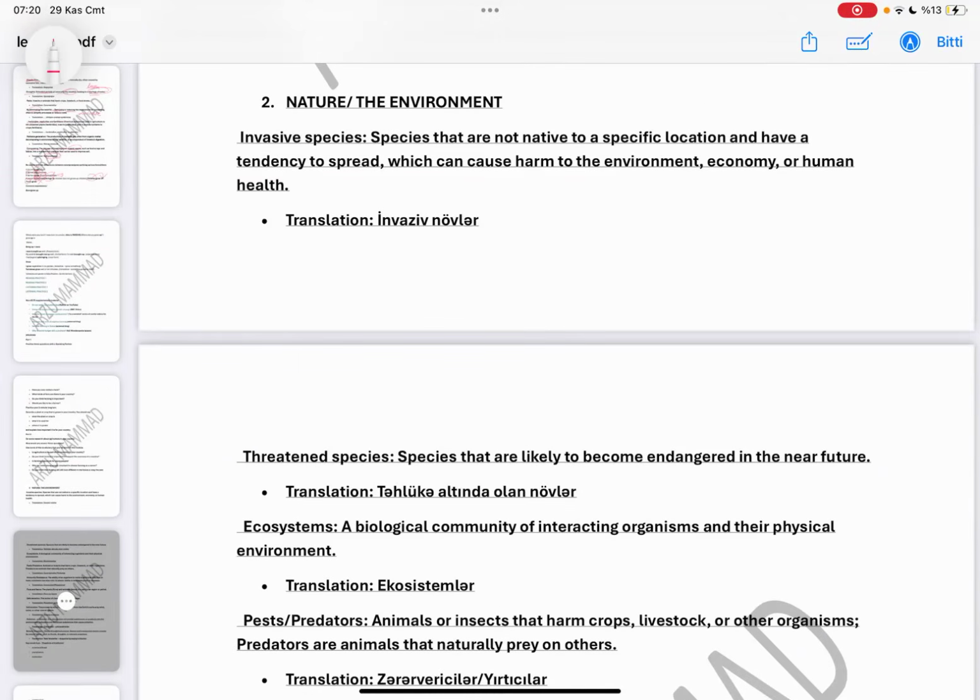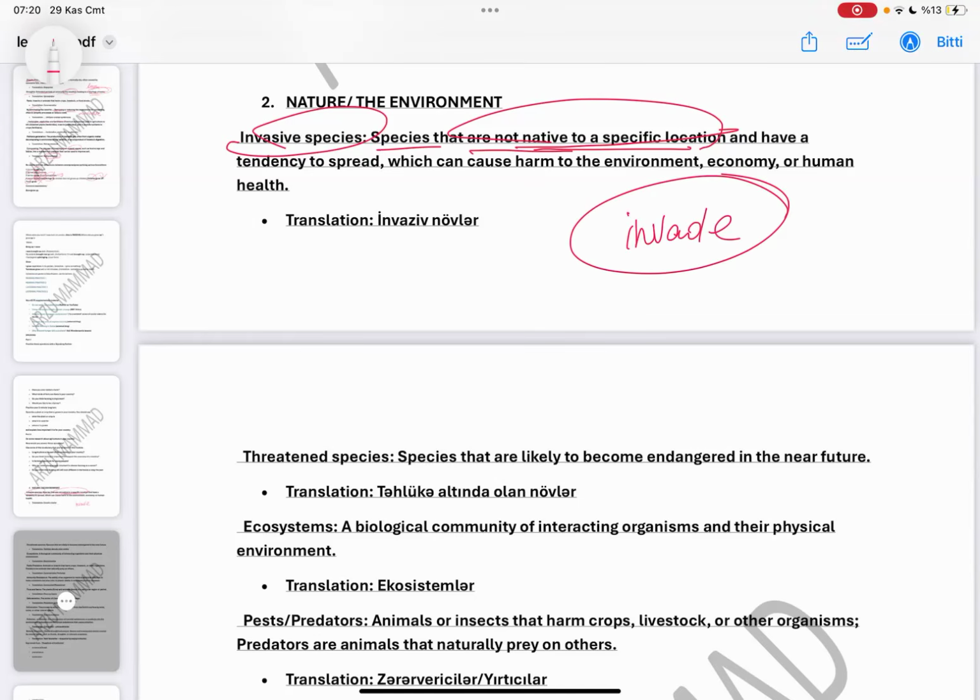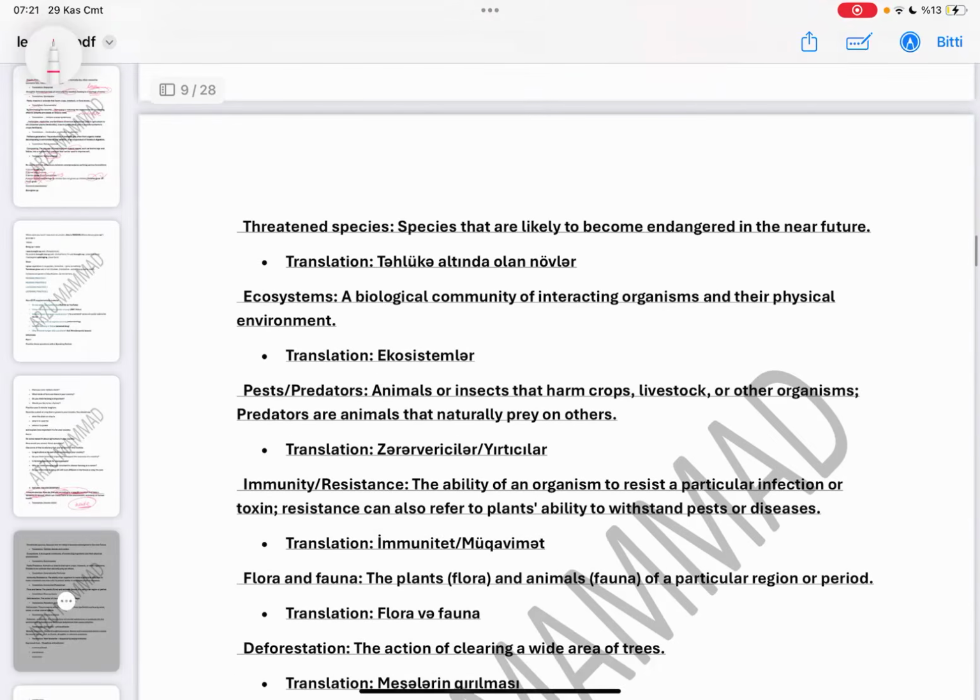So, guys, species that are not native to a location, that come from other areas. Do you know the meaning of invade? Some countries can invade others' lands, like take it. Yes, they are not native to this area, but have a tendency to spread. Threatened, we have discussed.